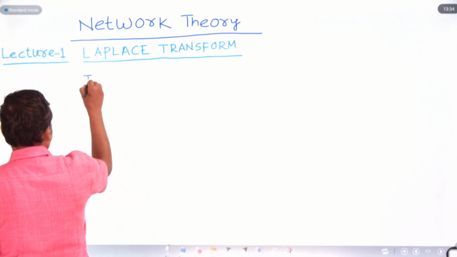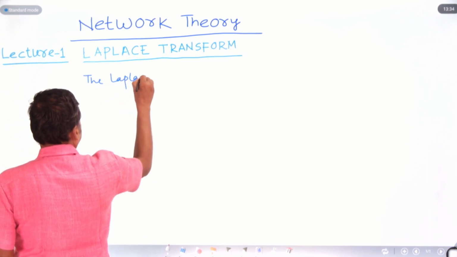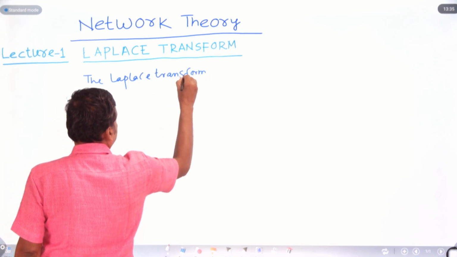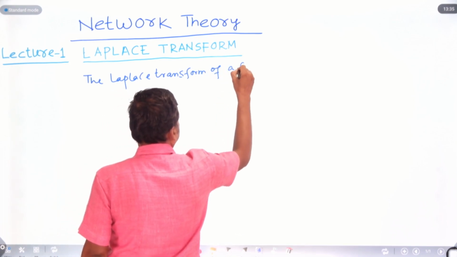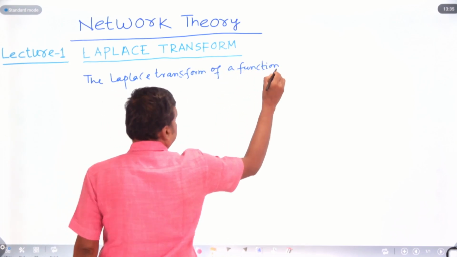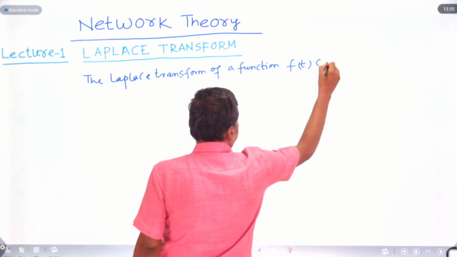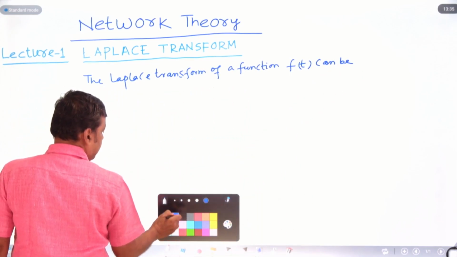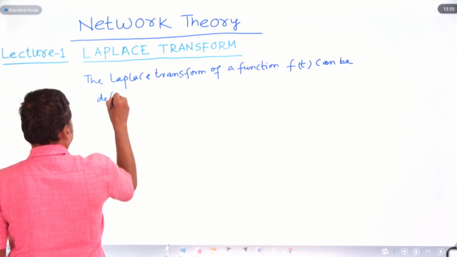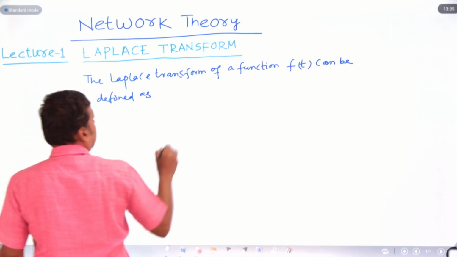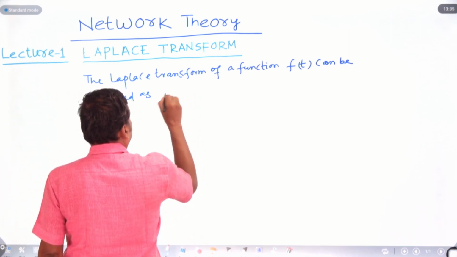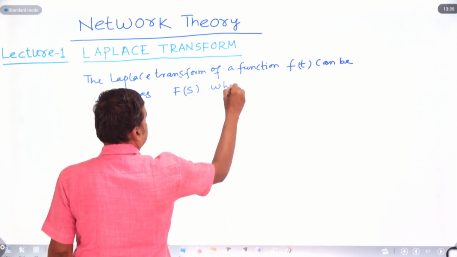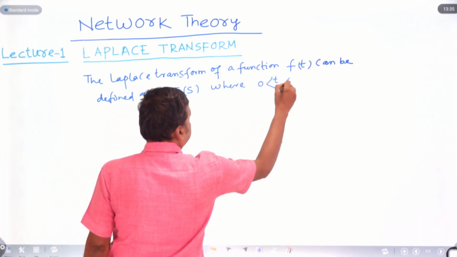For a signal or function f of t, the Laplace transform of the function f of t can be defined as f of s, where t varies from 0 to infinity.